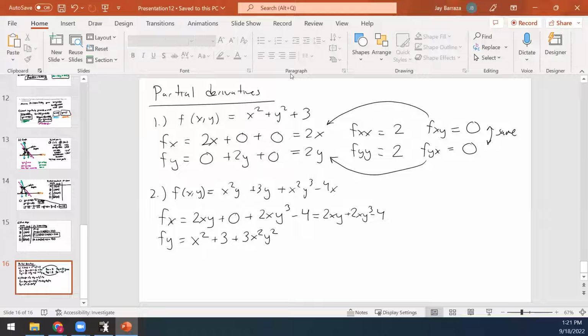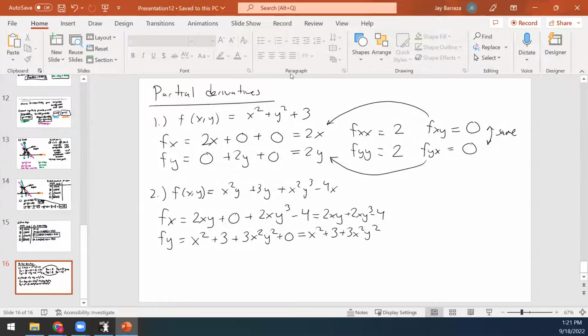And then the minus 4x is just a plus 0 or minus 0, doesn't matter. And then I get x squared plus 3 plus 3x squared y squared. Are there any questions on this example in particular?